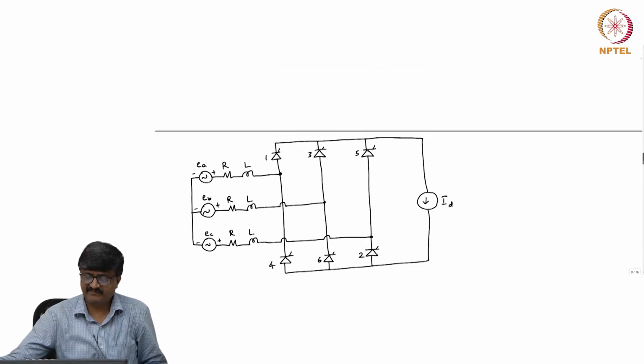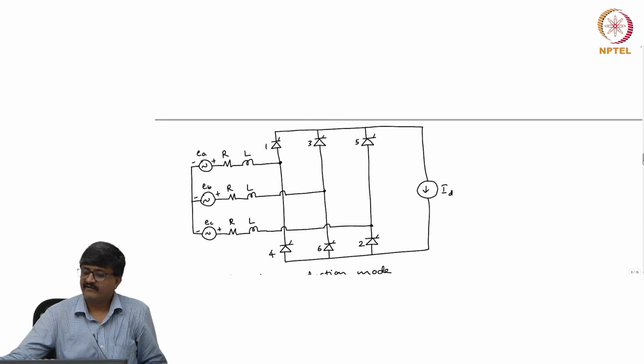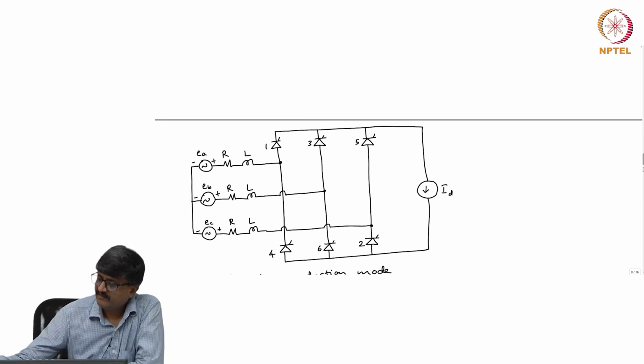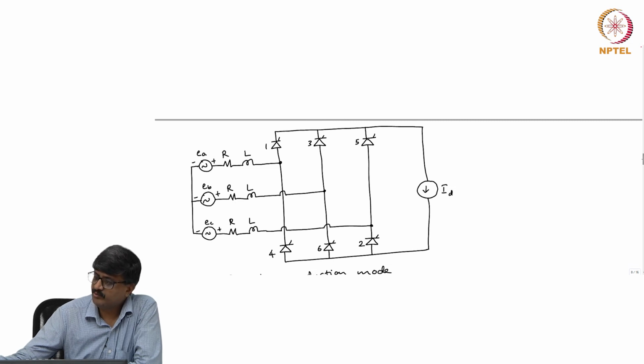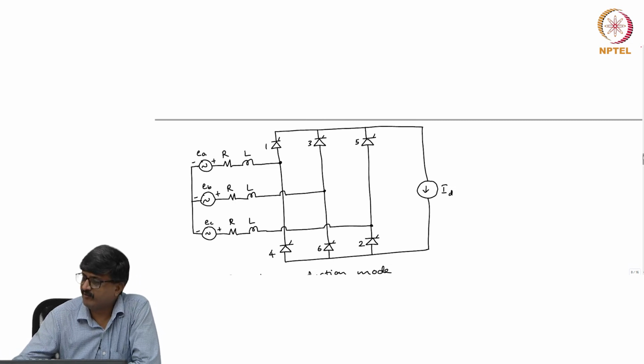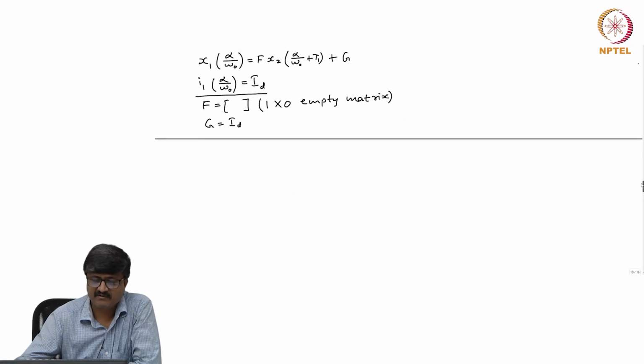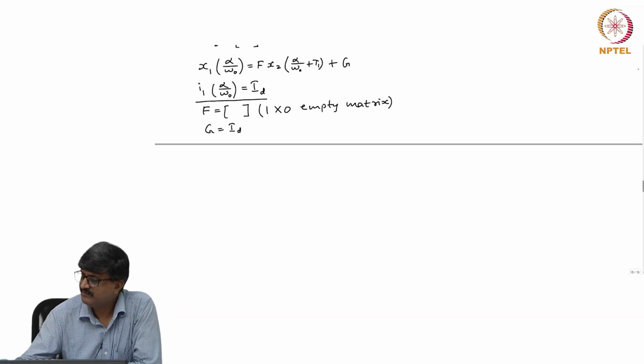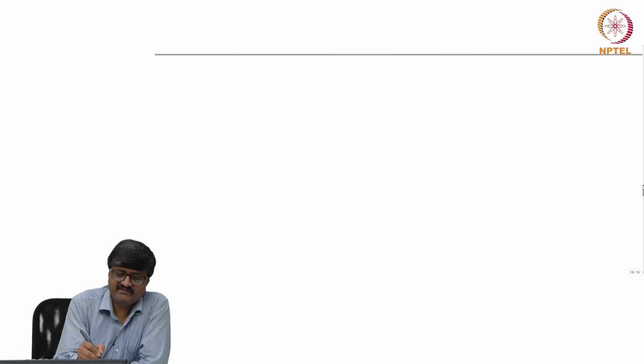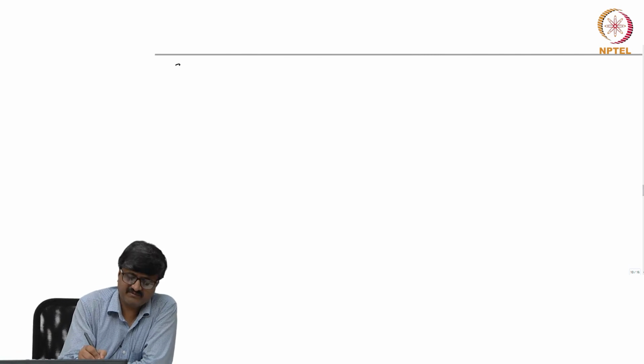Now, if I take this same circuit and try to see what are x1, x2, A1, U1, A2, U2, F and G for 3 and 4 valve conduction mode. Suppose I consider 3 and 4 valve conduction mode.